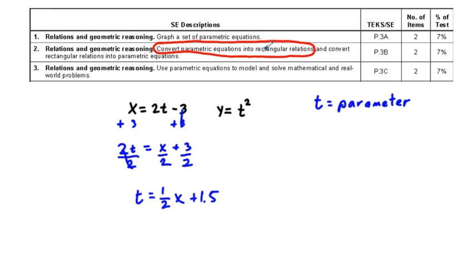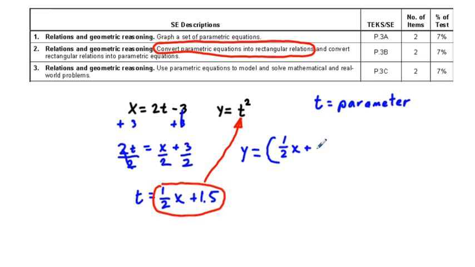So we can take this 1/2 x plus 1.5 and replace it with this t here, and so we're going to have y is equal to this 1/2 x plus 1.5 squared, and we could expand it out. So we get 1/4 x squared plus, I don't know, I could work it all out.